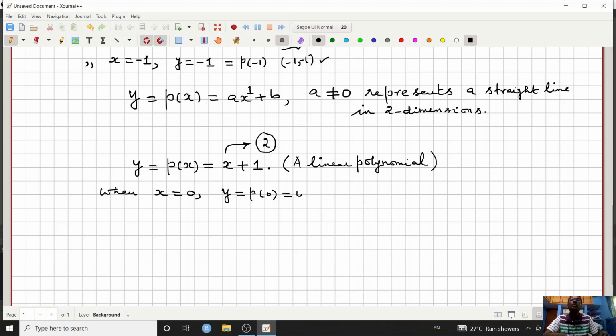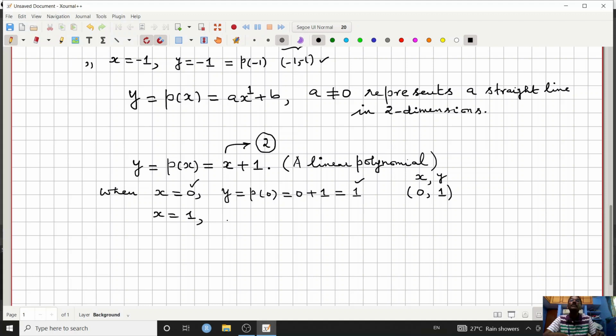So what you will get is 0 plus 1, which is nothing but 1. Now you take the value of x is equal to 0 and y is equal to 1. Now you collect the points. The set of all points gives you the graph. So this is the x value and the corresponding y value obtained from the polynomial. Now what will happen when x is equal to 1?